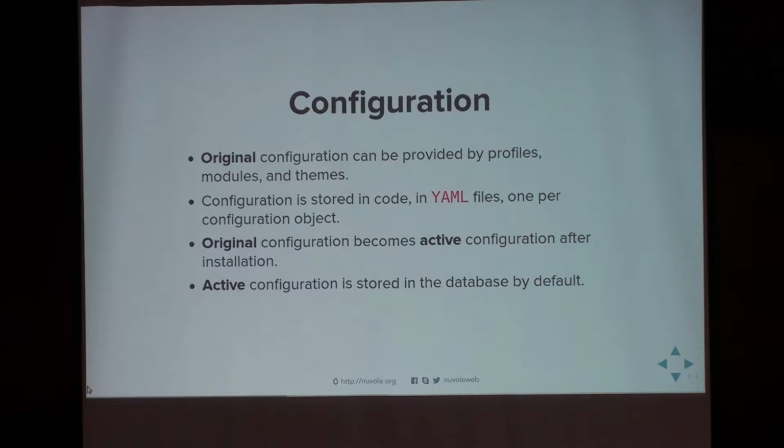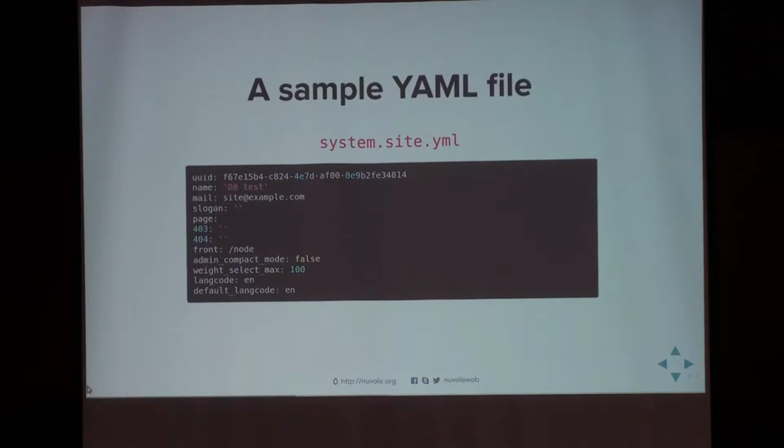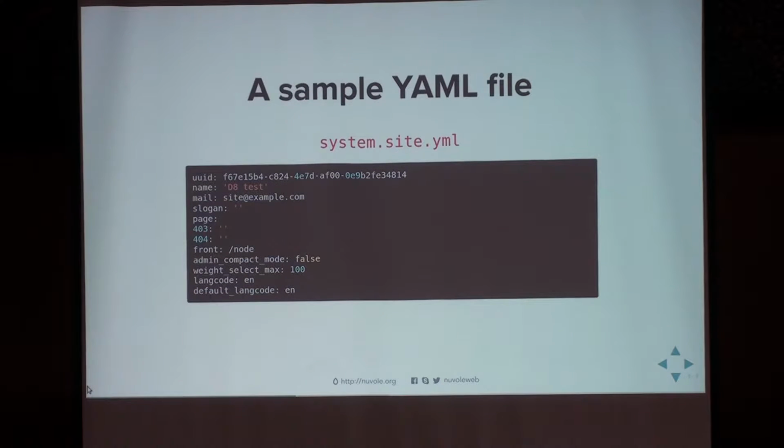Then when this default configuration is imported, it happens when you install the module, then it becomes active and it becomes stored in the database. So it doesn't consider the files in the default configuration anymore. This is a sample of such a YAML file.